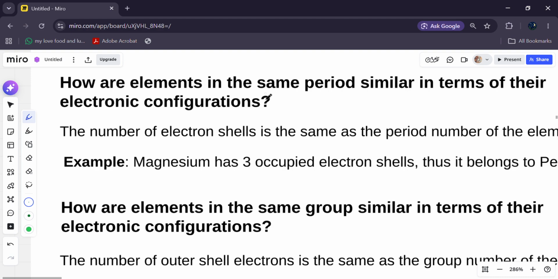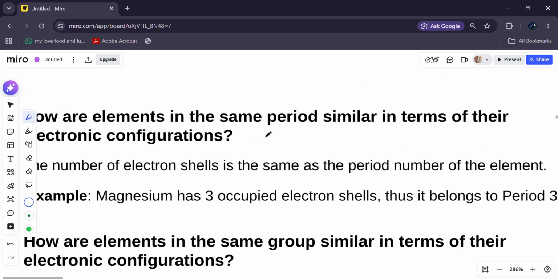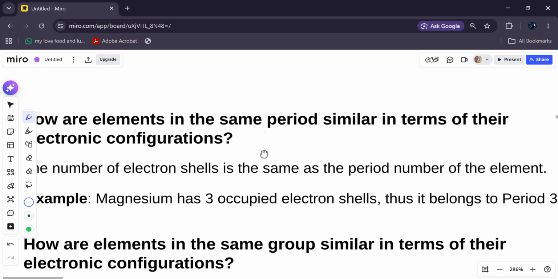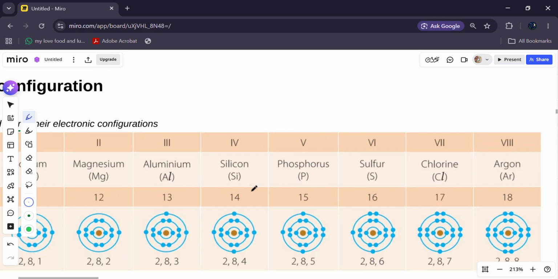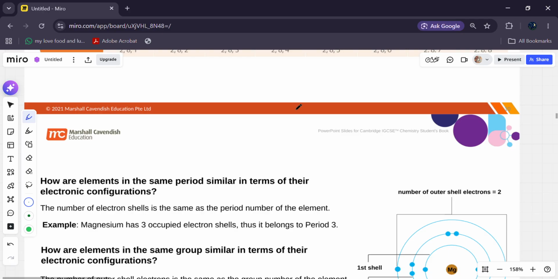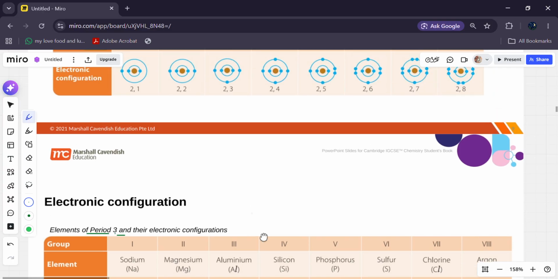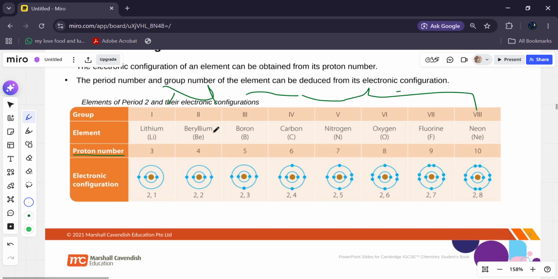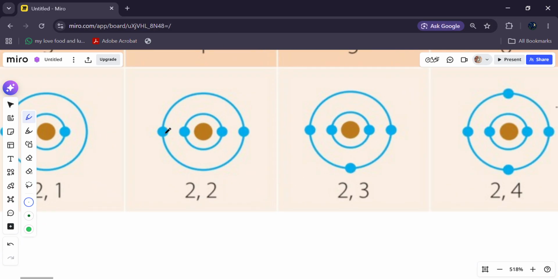We have to look at the table again. You will notice that group 1 elements have one outer shell electron, while group 2 elements have 2 outer shell electrons.